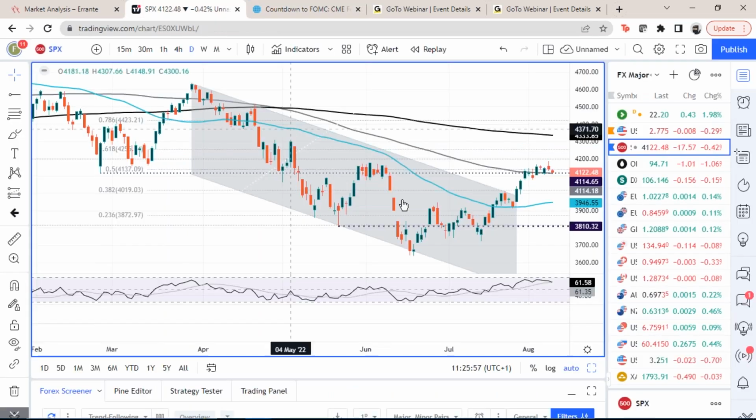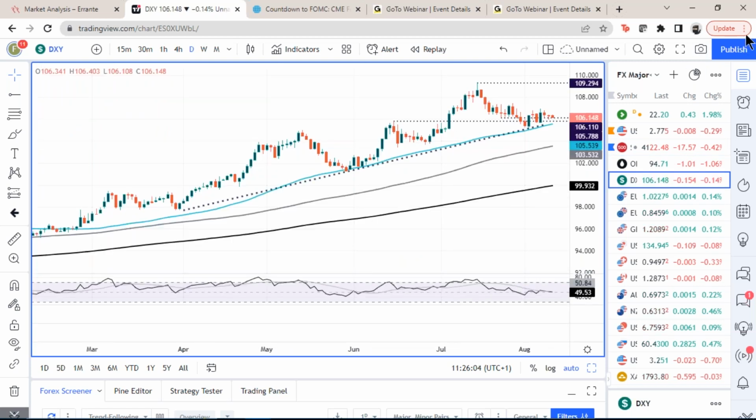For the dollar, let's just show you the DXY charts that we always like to look at. Which is here. We'll start with the weekly actually.